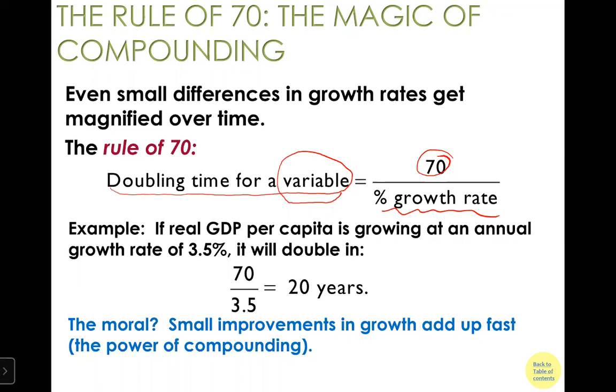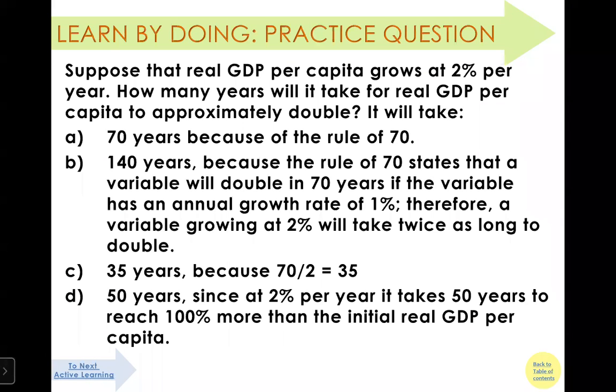As an example, if GDP grows by 3.5% per year, it's going to take 20 years to double your income. Now we can look at two practice questions to understand this rule of 70.